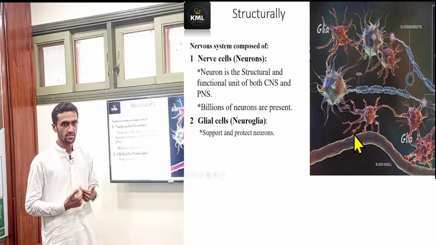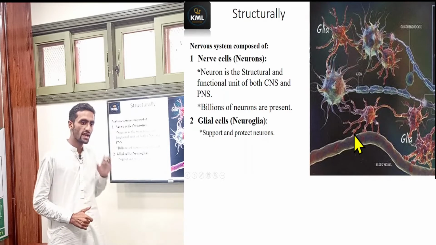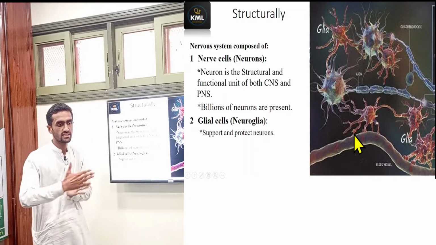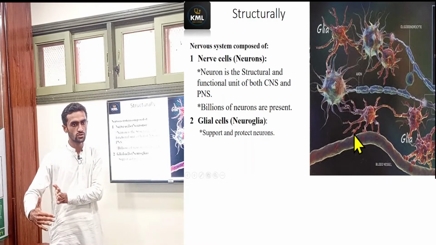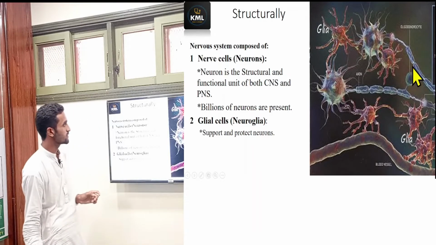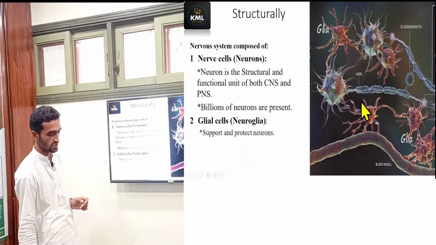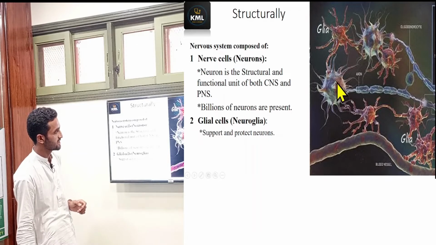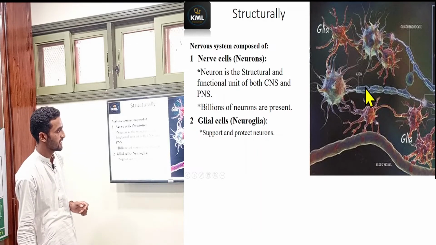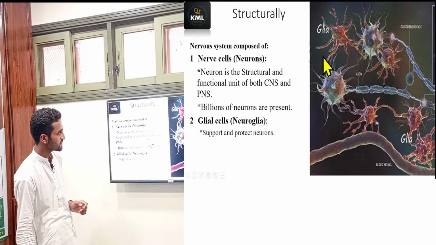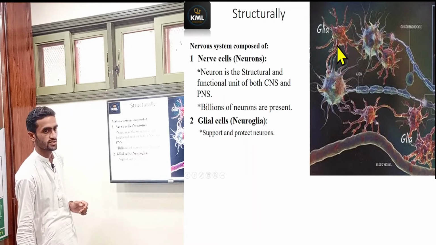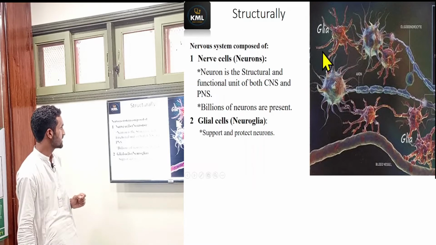The actual cells perform the role, and the glial cells just support their function. All right. If you look at this picture, this is the cell body, here is your axon, and these are your dendrites, and you can see these are glial cells. Glial cells are just supporting cells.